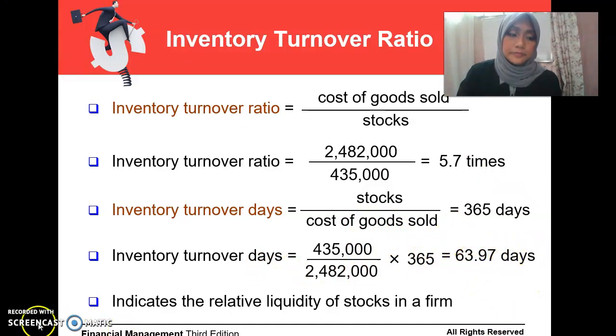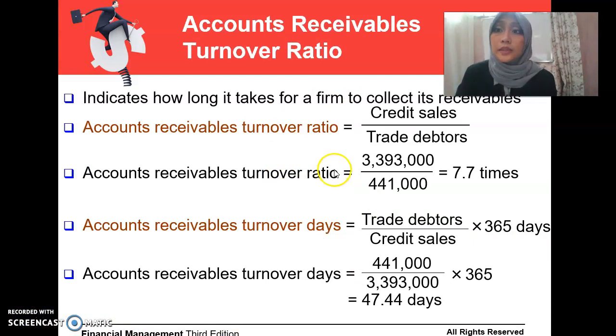Okay, what is account receivable turnover ratio? It indicates how long it takes for the firm to collect its receivable. You know that receivable is when our customer buys your goods or items in credit sale. So if you count the account receivable turnover ratio, you may know how long it takes for the firm to collect all the receivable.